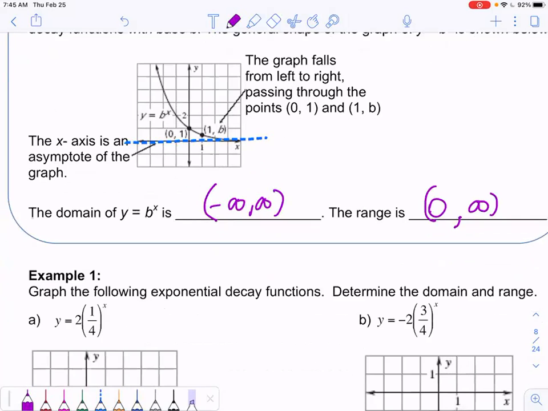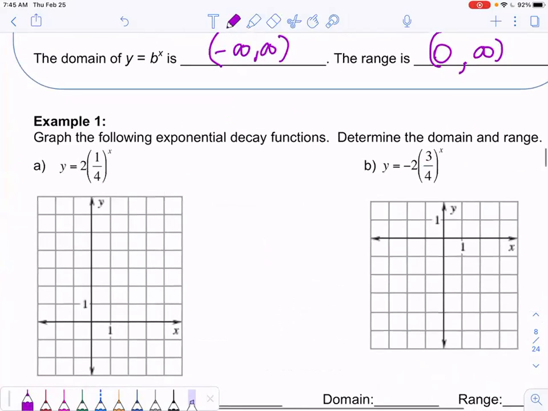So we're going to look at graphing a decay function. Notice the equation looks exactly the same as the ones you graphed yesterday. So we have y equals 2 times 1/4 to the power of x. We're going to graph this decay function.